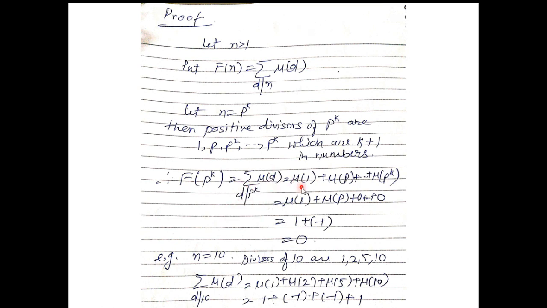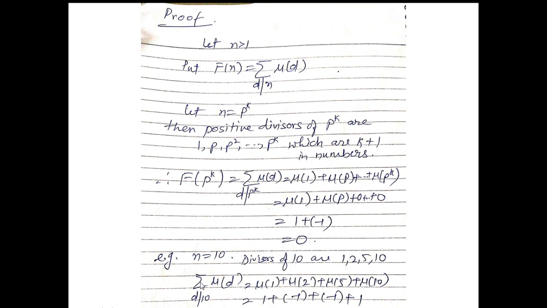So this is equal to mu(1) plus mu(p) up to mu(p^k). Mu(1) is 1 and mu(p) is -1, and then mu(p square), mu(p cube) up to mu(p^k) will have value 0. So 1 plus -1 will give you 0.